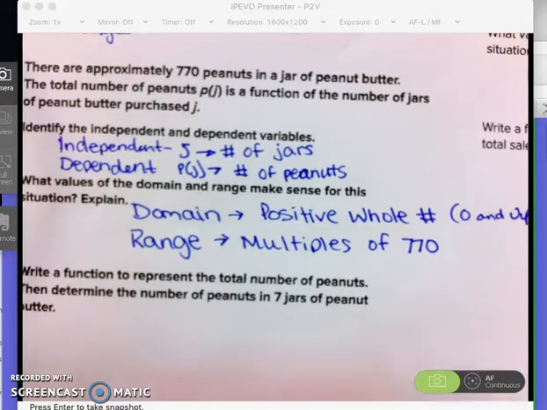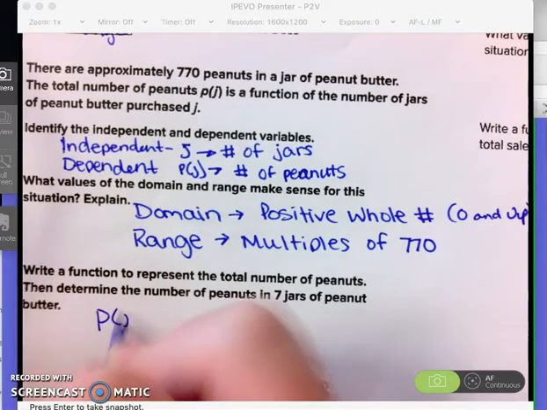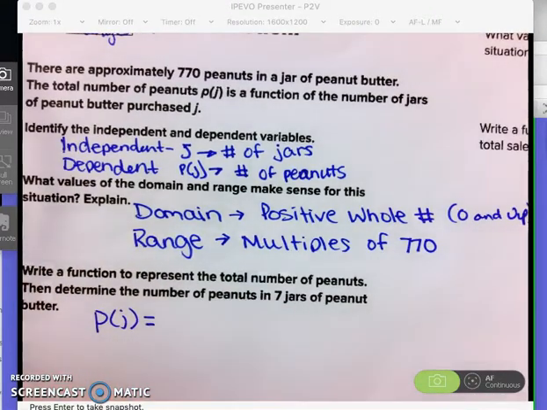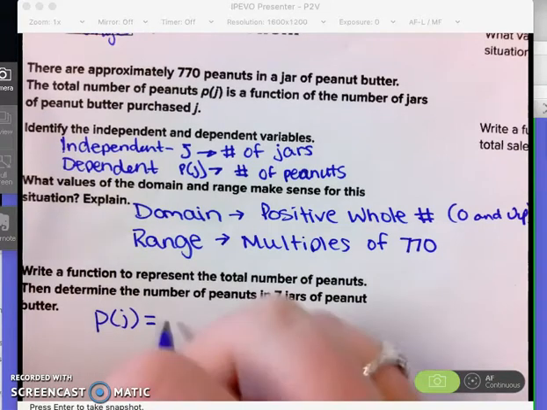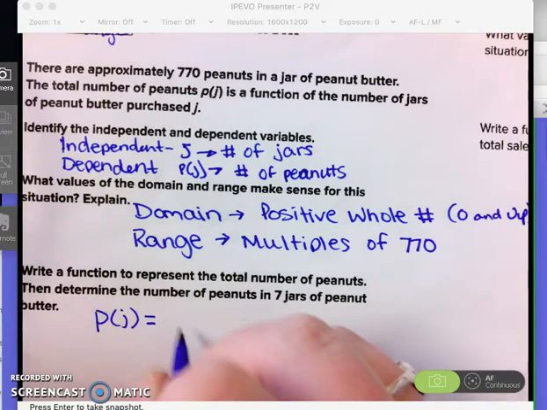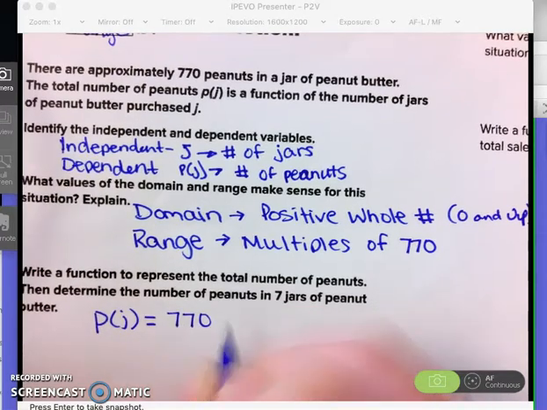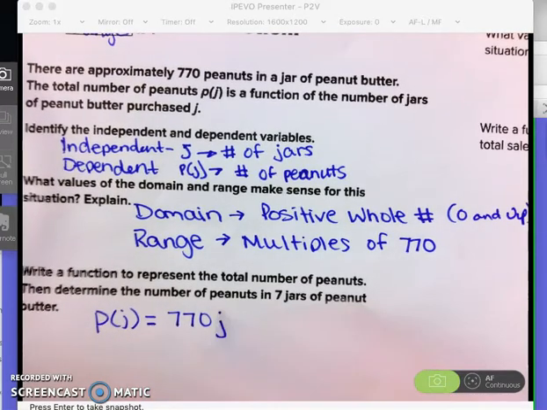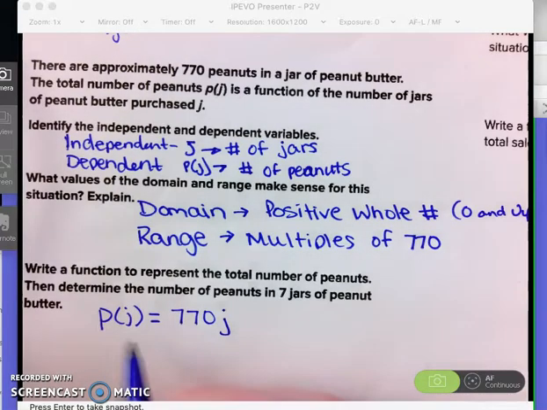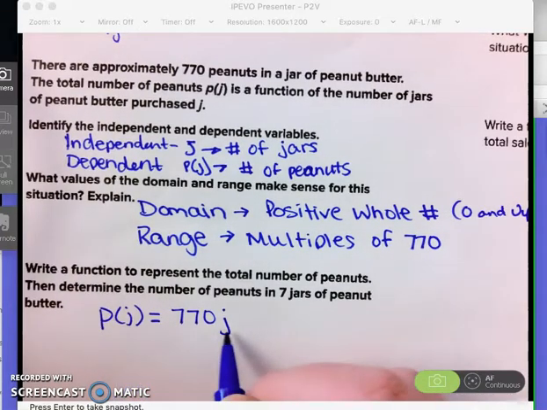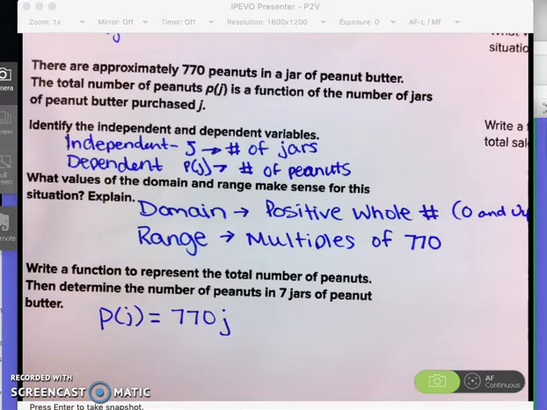Okay, and then write a function to represent the total number of peanuts. So we would want our P of j, meaning number of peanuts, to be equal to 770 times the number of jars, so j. The number of jars I'm going to put in here, and I'm going to get out the number of peanuts in that amount of jars.